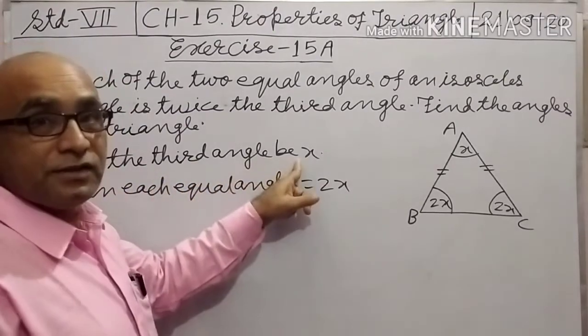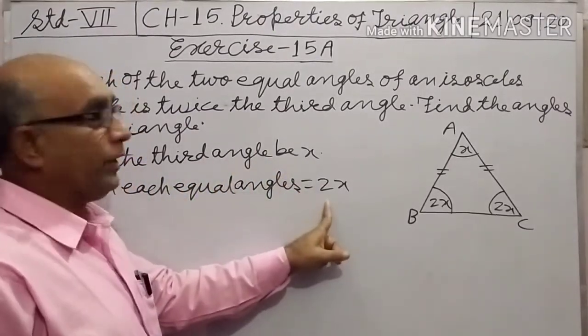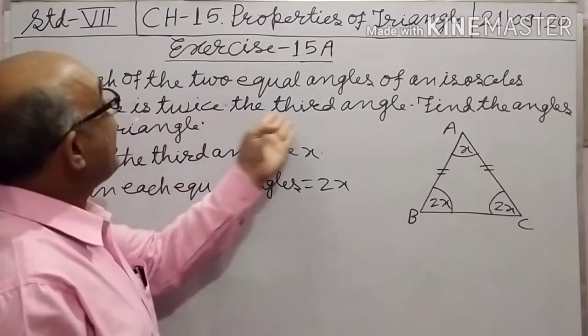Let the third angle be X, then each equal angle be 2X, because in the question it is given twice the third angle.